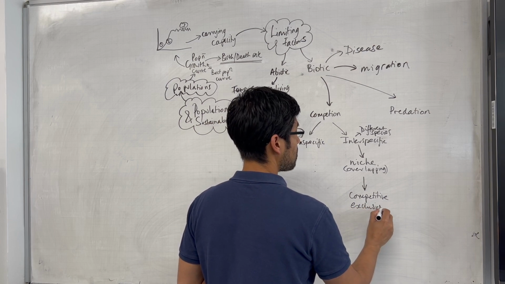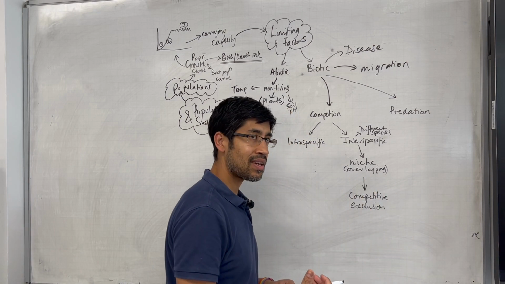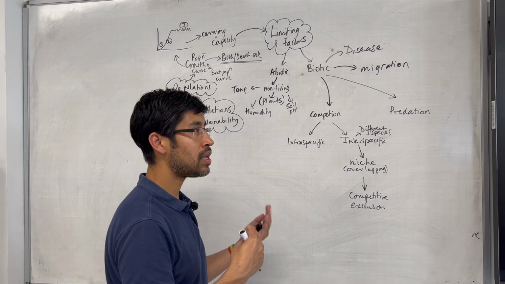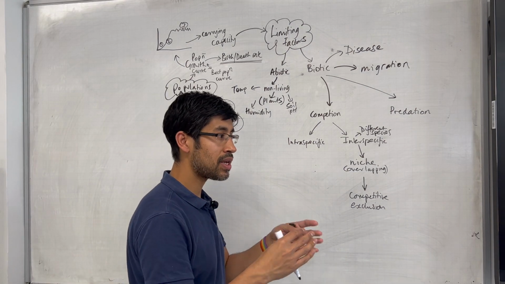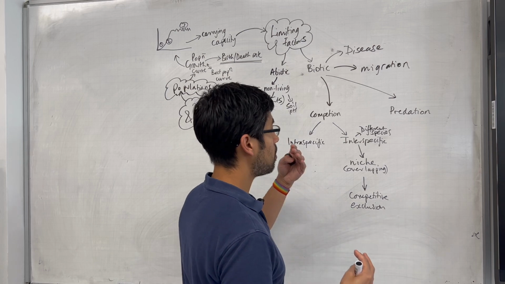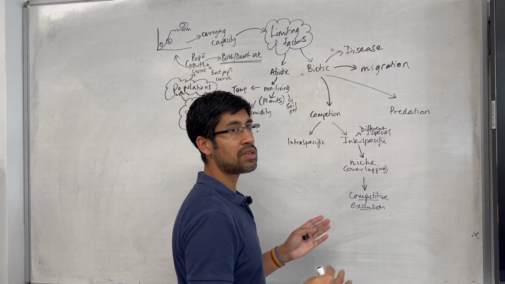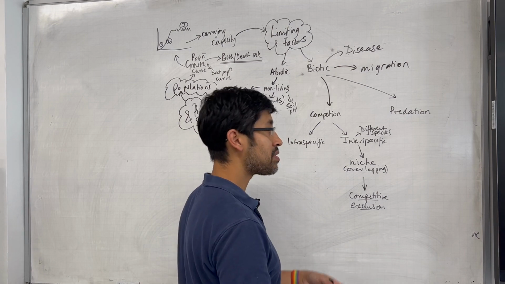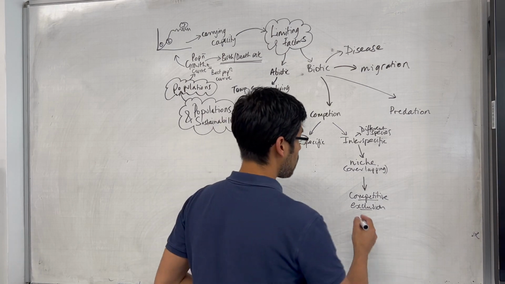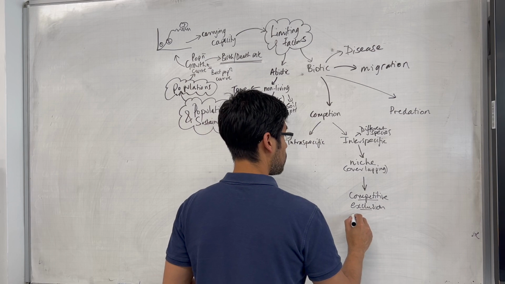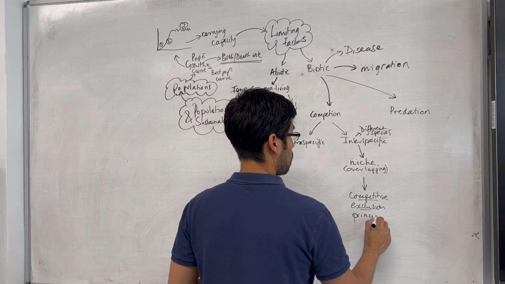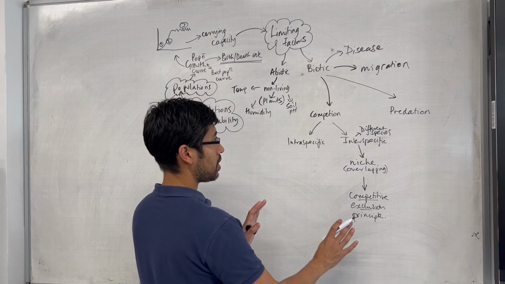So don't jump to saying that one species becomes extinct. Remember, any example is usually limited to one particular area, but I think it's perfectly reasonable to say that one of the species then gets excluded from the area or is eliminated from the area. Right? Competitive exclusion principle. Fine.